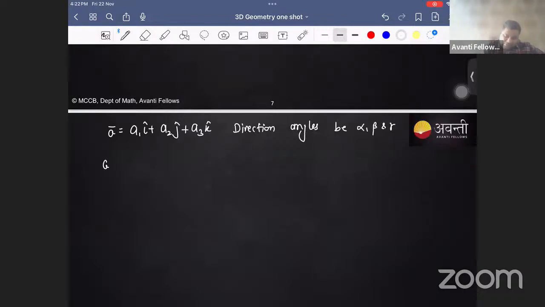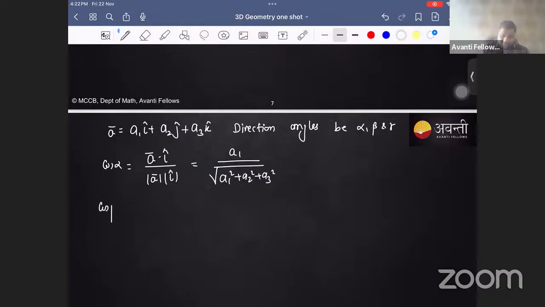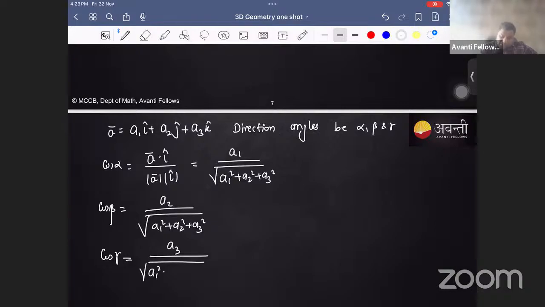Now cos alpha will be vector A dot i cap upon magnitude A, so that is A1 upon under root of A1 square plus A2 square plus A3 square. Cos beta is A2 upon under root of A1 square plus A2 square plus A3 square. And similarly, cos gamma will be A3 upon under root of A1 square plus A2 square plus A3 square. Am I clear?